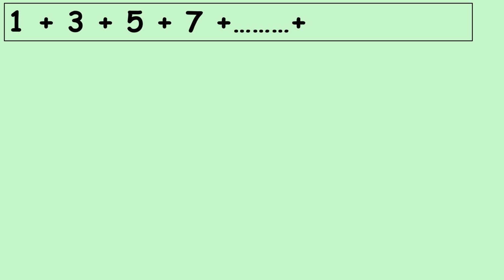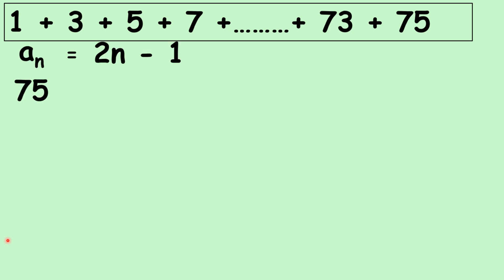This is the series. Remember, it is a series because we are adding. It has a common difference of 2. And the first term is 1. Remember, we established that the nth term for this particular series is given by a subscript n is equal to 2n minus 1.